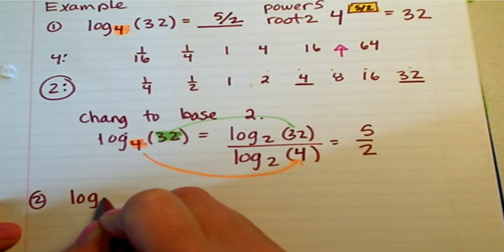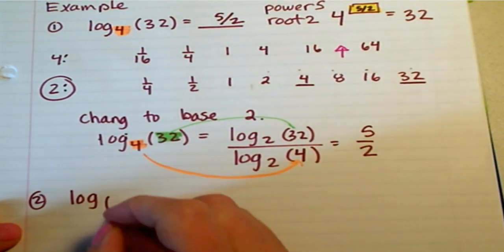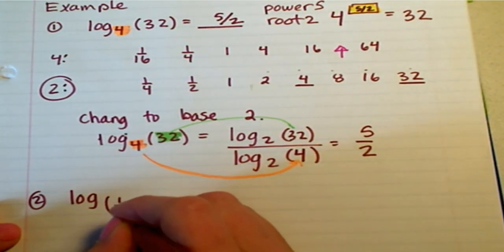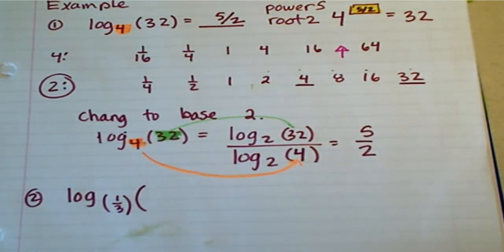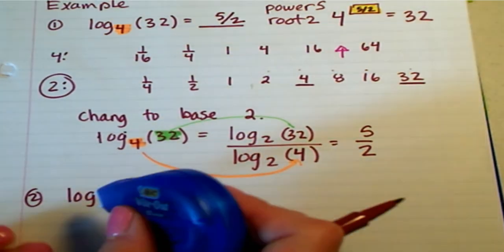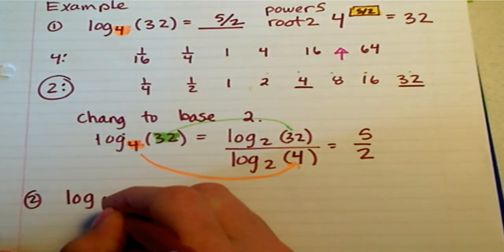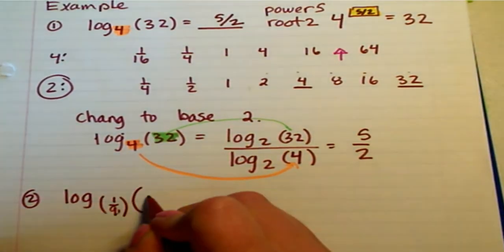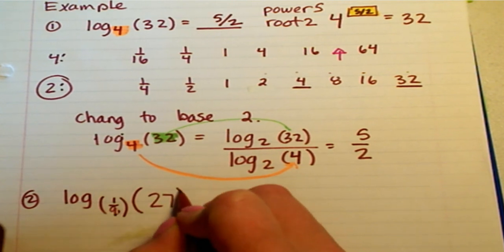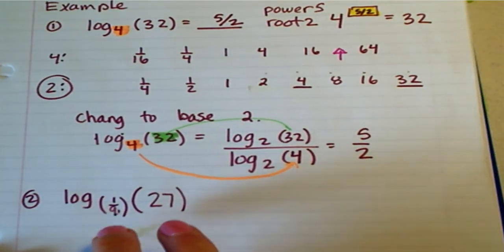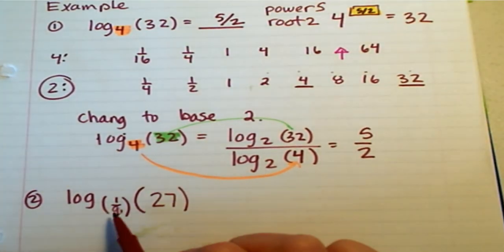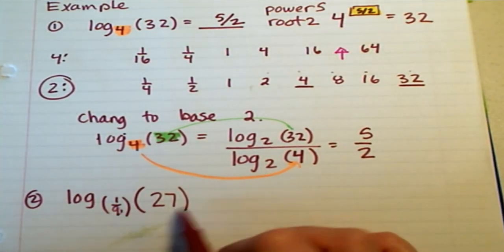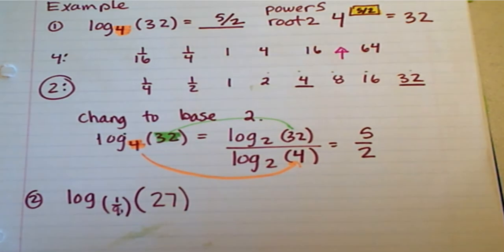So log base 1/9 of 27. Okay, I got my pen. And I'm almost certain that 1/9 is not going to be the right base because 9, 81. 27 is in between there.